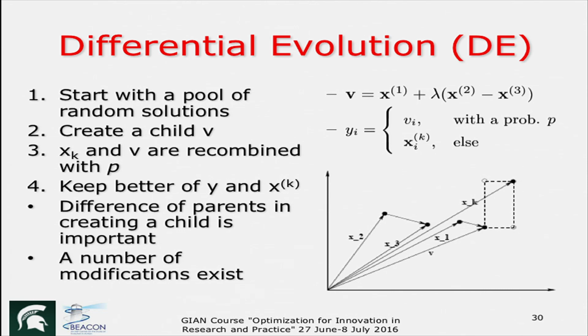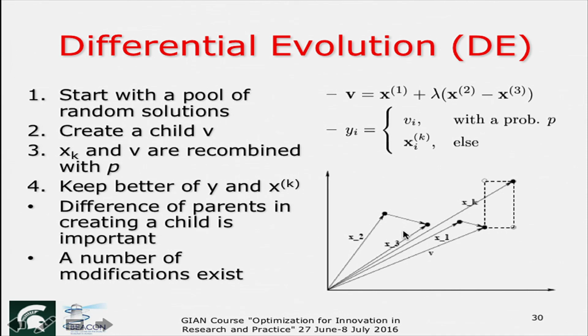Then what happens with the child, the Y vector? You just enter it into the population. So one child is created and enters the population. In order for it to enter the population, you have to delete something. So you can either delete the worst parent, the worst of the 4 parents. I mean, the best is of course kept. So of the 3 here, x1, x2, x3, you can delete the worst one.